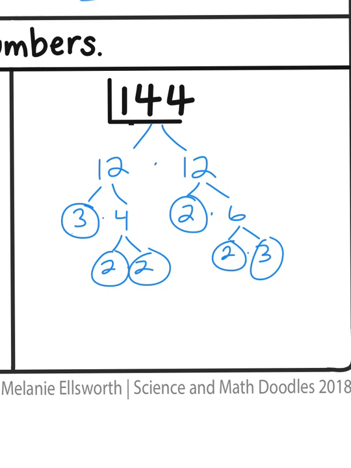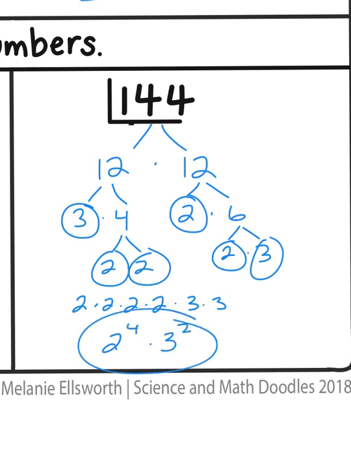Notice, even though I used different numbers, I still ended up with 2 2s and a 3 on each branch for my 12. So I have 2 times 2 times 2 times 2, and we always want to write them in order, usually from least to greatest. So I have 4 2s and then 2 3s, or I could write this as 2 to the 4th times 3 to the 2nd.